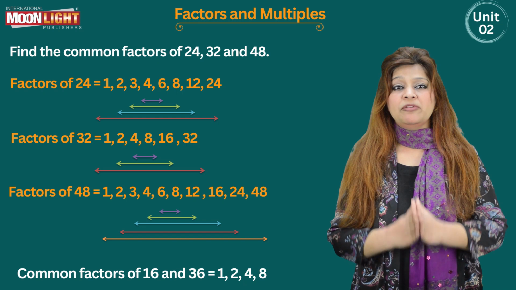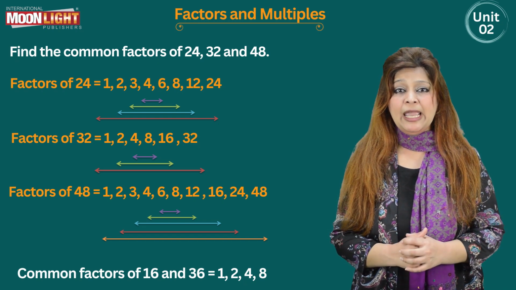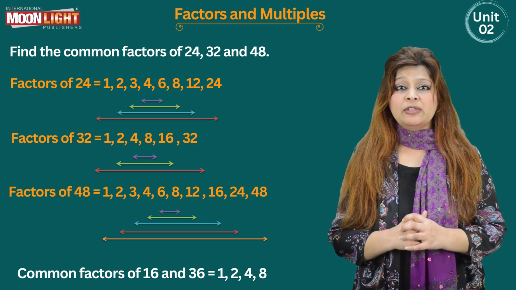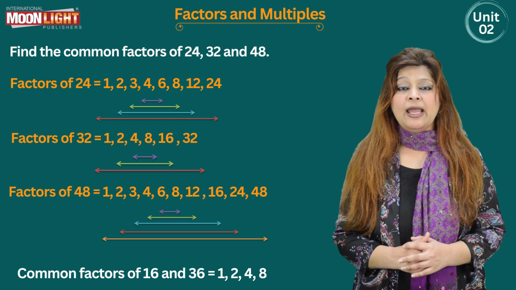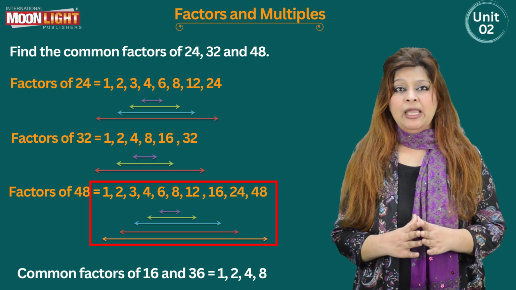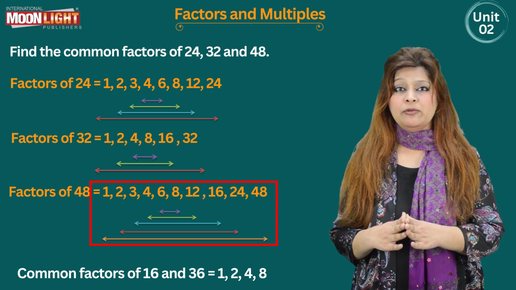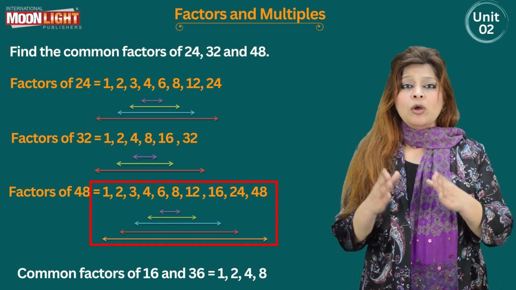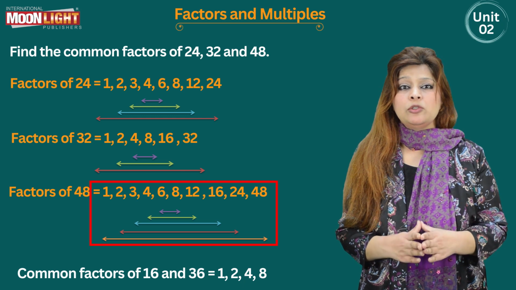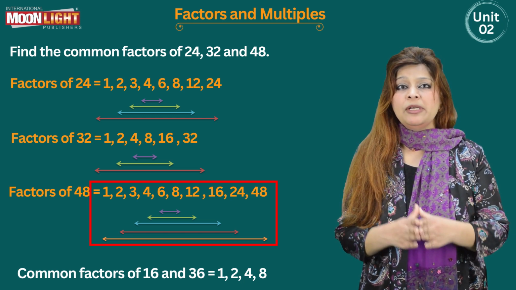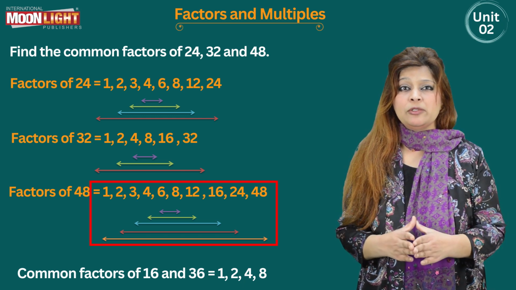Now, to find out the factors of the number 48, I know that 1 and 48 are the numbers because 1 multiplied by 48 is equal to 48.